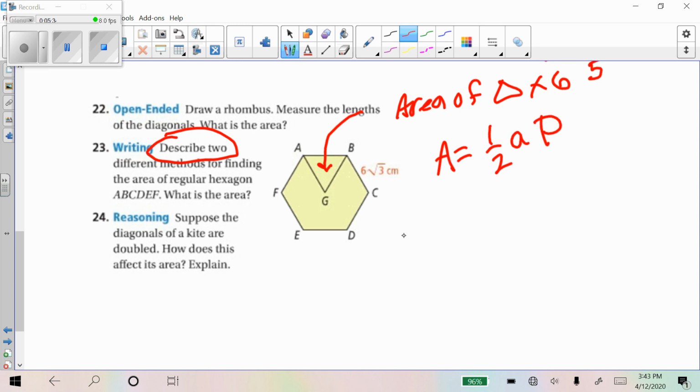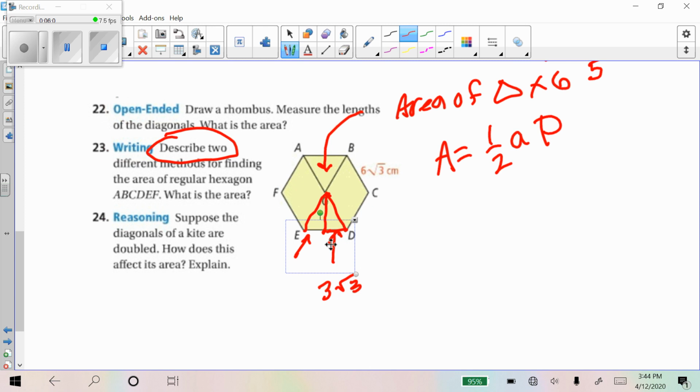So let's go ahead and do the first method. To find the area of the triangle, I would need to know the height of the triangle, which is the same as the apothem. And if the whole bottom side here is 6 times the square root of 3, then this little part right here would be half of that, which is 3 times the square root of 3.